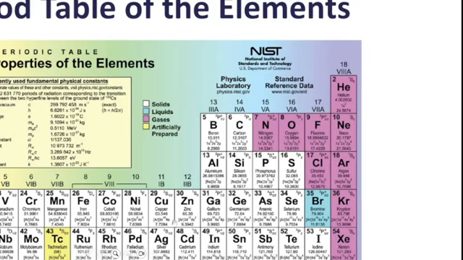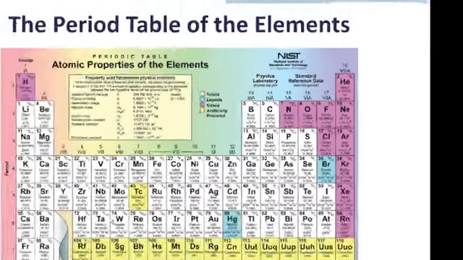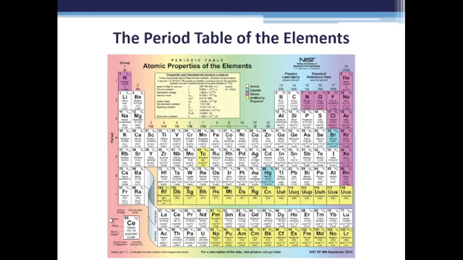The periodic table is arranged so that elements with similar chemical properties line up in the same columns or groups. For example, this is group 1.